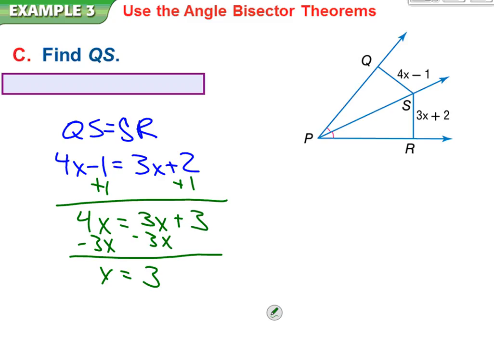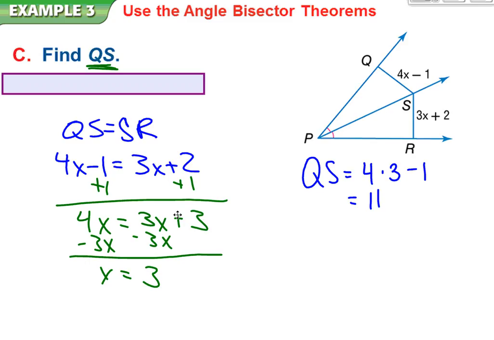I think 7th hour I did have them do this problem. Then we have to find QS also. QS is 4x minus 1, so 4 times 3 minus 1, 12 minus 1 is 11. Now I think we're all at the same place.